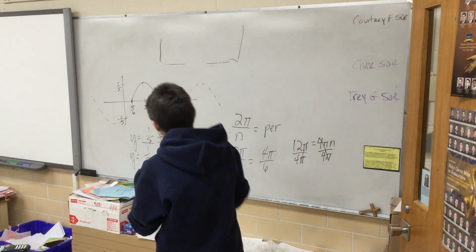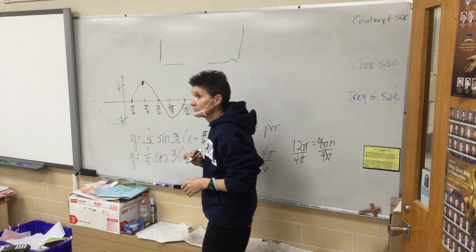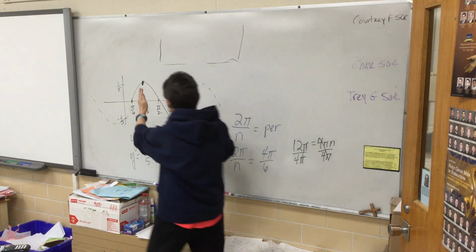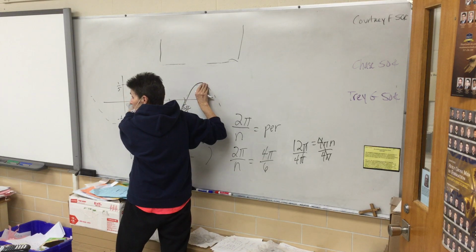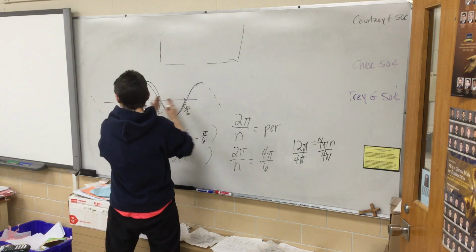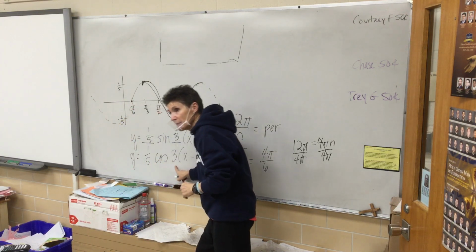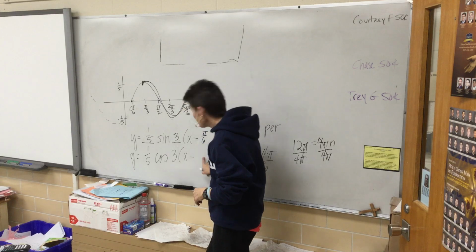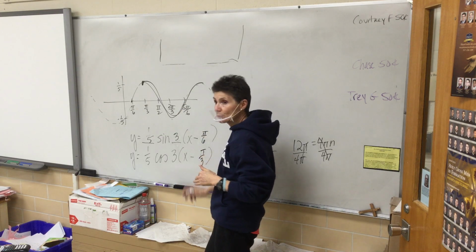Because if it's a cosine, wouldn't you want to start it up here? Then you're looking at this as your curve. Now I haven't changed any dimensions of the picture, so these two numbers will never change. But this will, because if it's a cosine, that has to be pi over 3. Would you agree with me?